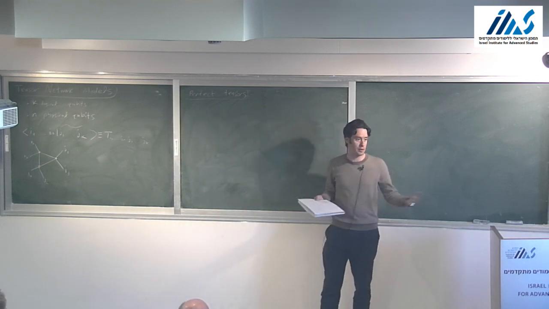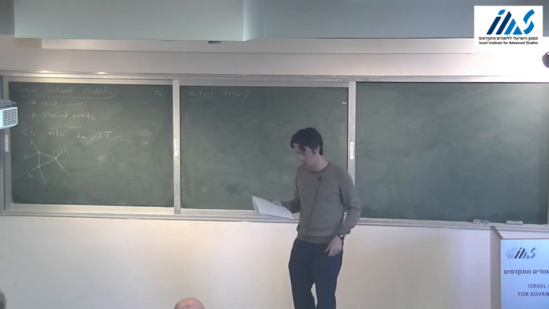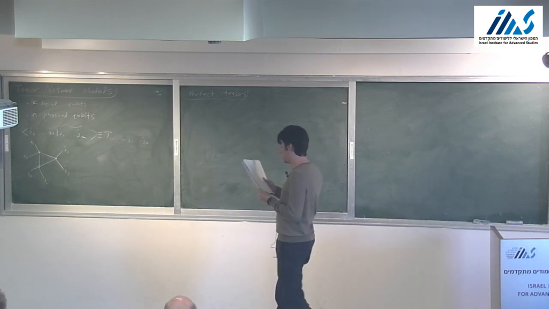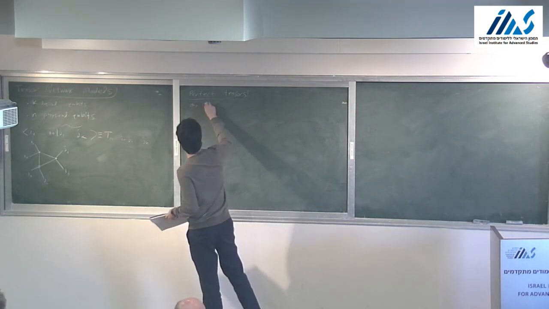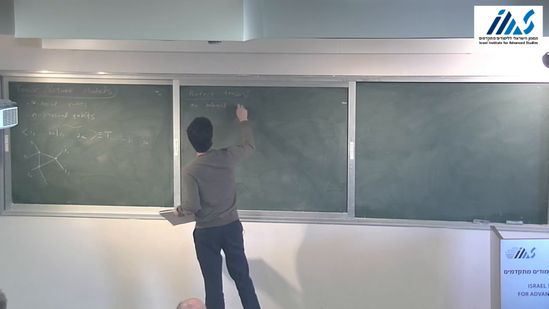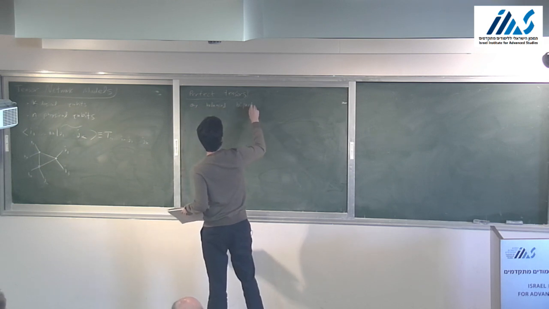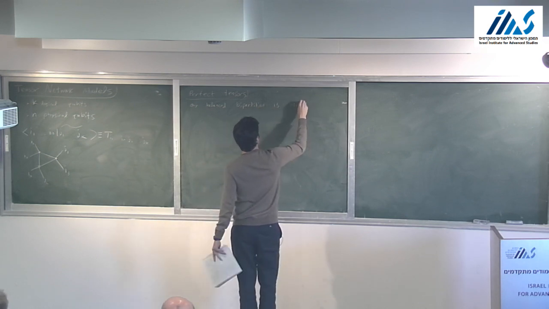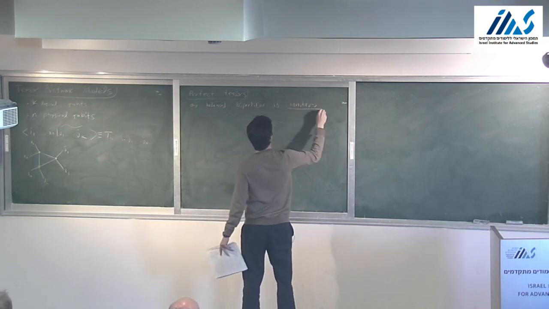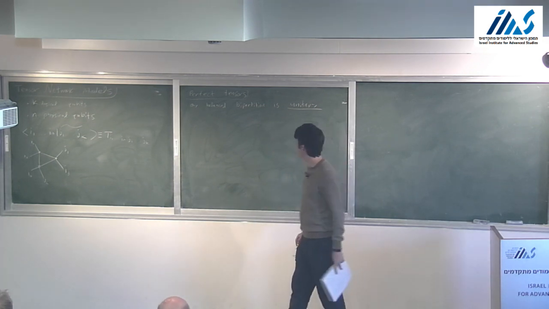So it'll be some tensor with an even number of 0, 1 indices, which has a very special property that any balanced bipartition is unitary. Okay, so what does that mean?